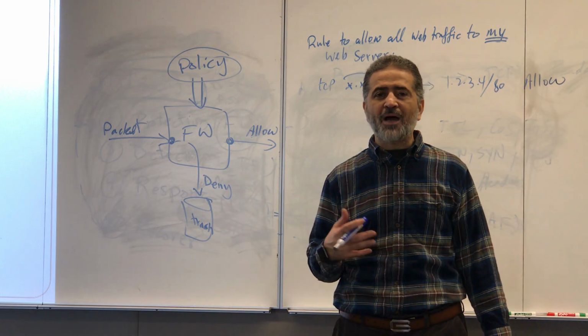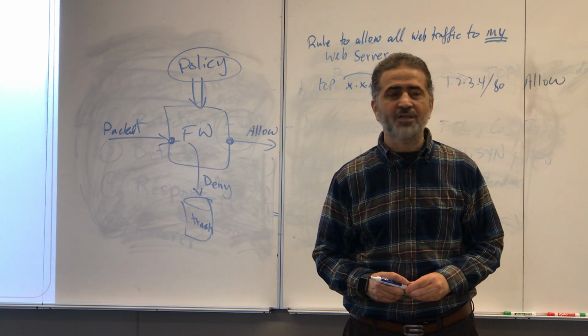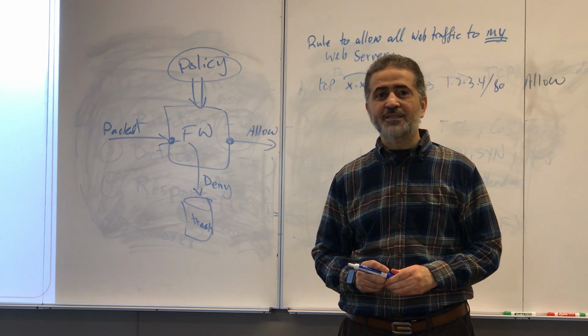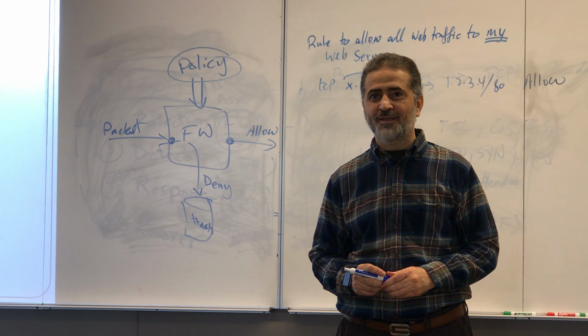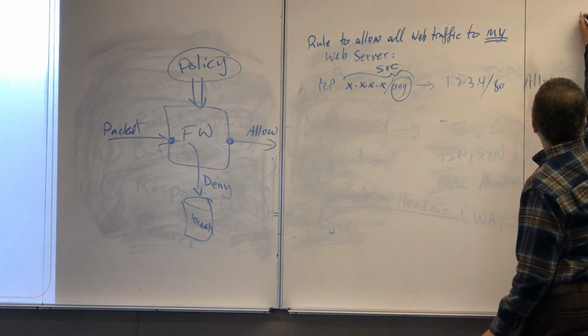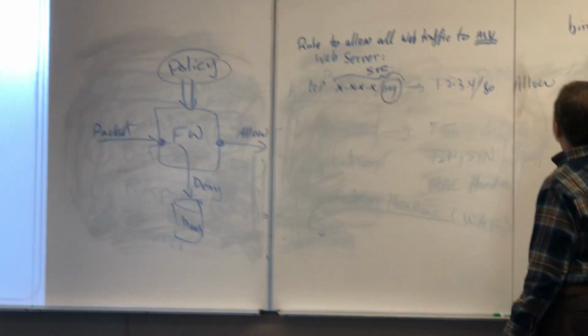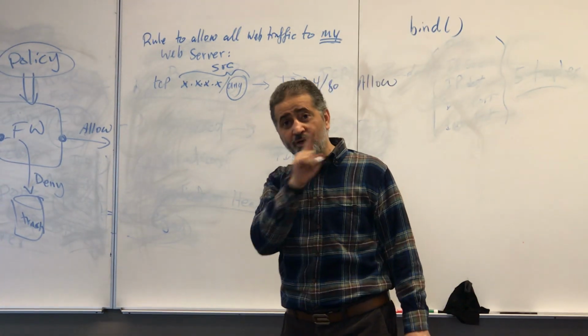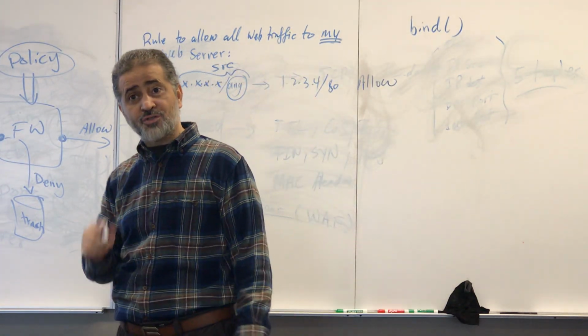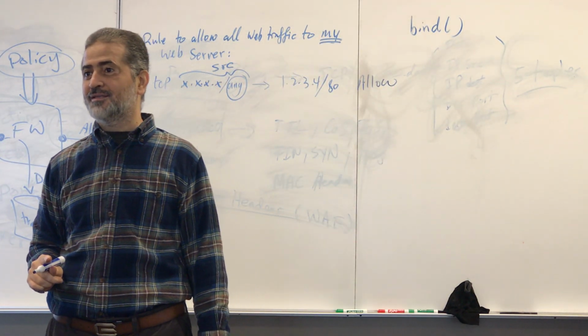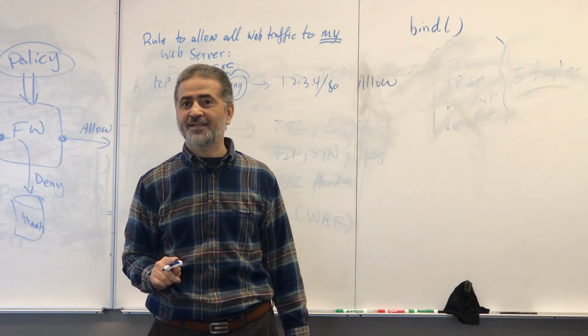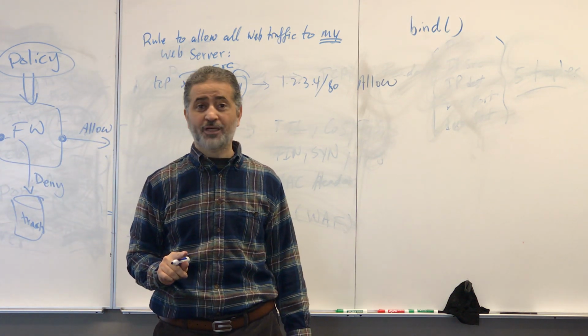So bind is a function in socket programming. It does not exist in the client code. It's actually a system call. It only exists in the server code. The server must bind to a port, but it doesn't exist in client code if you do socket programming.